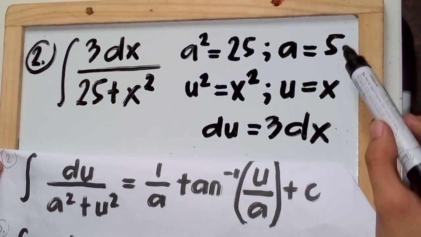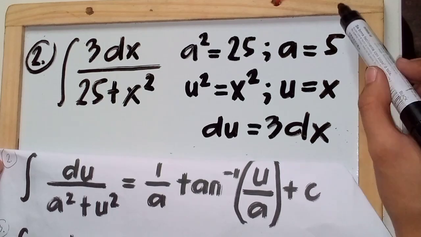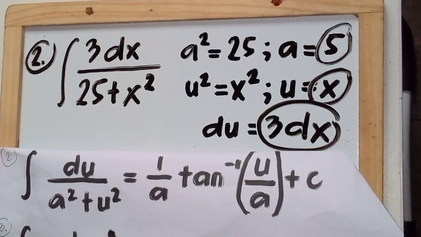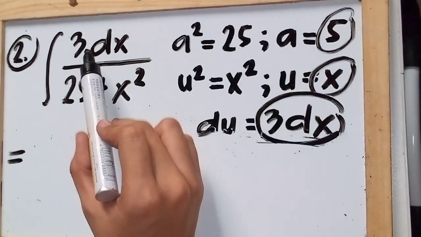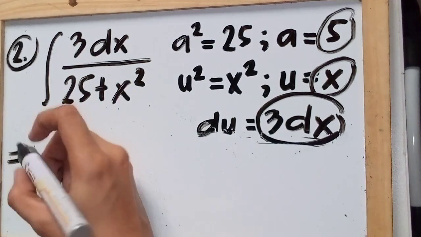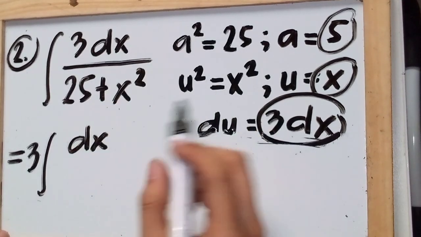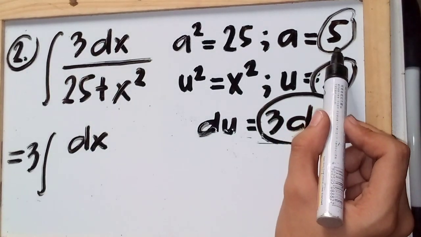The next step is to substitute this given into this formula. It is equal to, let's move 3 in front so that it will become 3 times the integral of dx over, our a is 5, right?